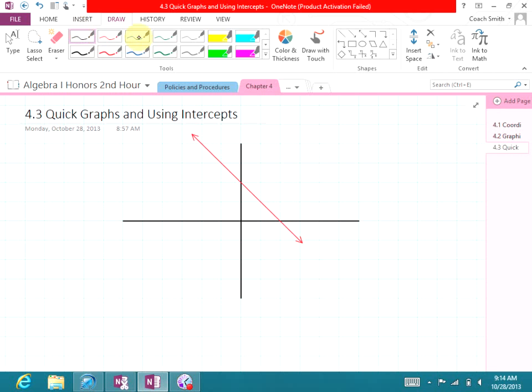Well, that line crosses the y-axis at that point and the x-axis at that point. At that point where it crosses the y-axis, what would the coordinates of that point be, Larry?